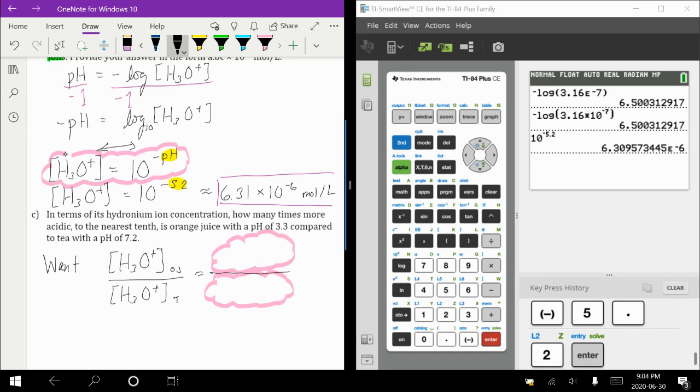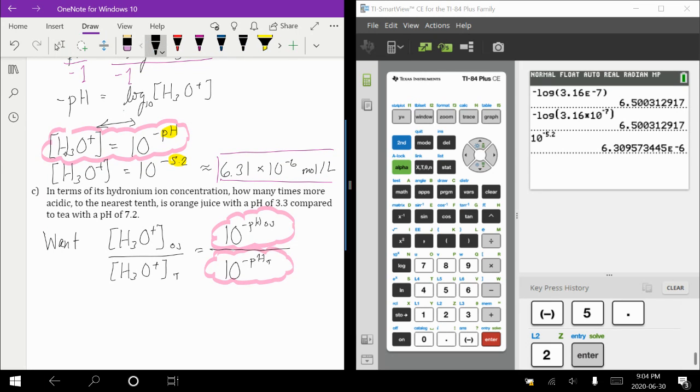So this will give us 10 to the negative pH for orange juice divided by 10 to the negative pH for tea. Sorry for that messy writing there. So that gives us 10 to the negative, for orange juice, the pH was 3.3, divided by 10 to the negative, for tea, the pH was 7.2.